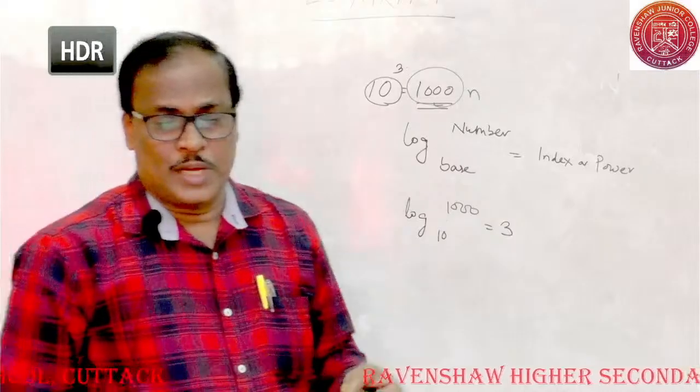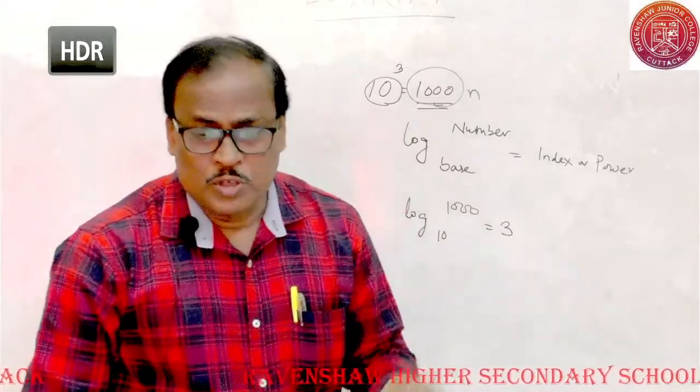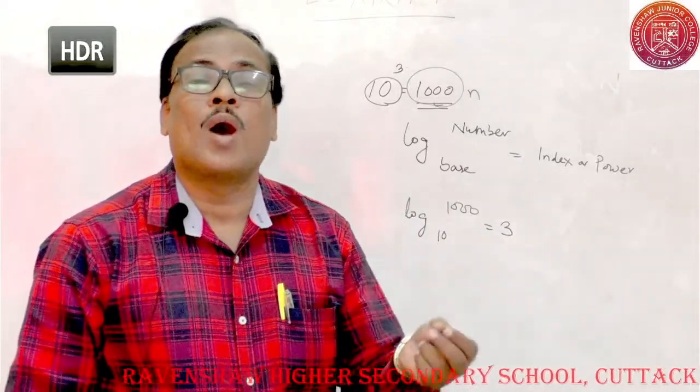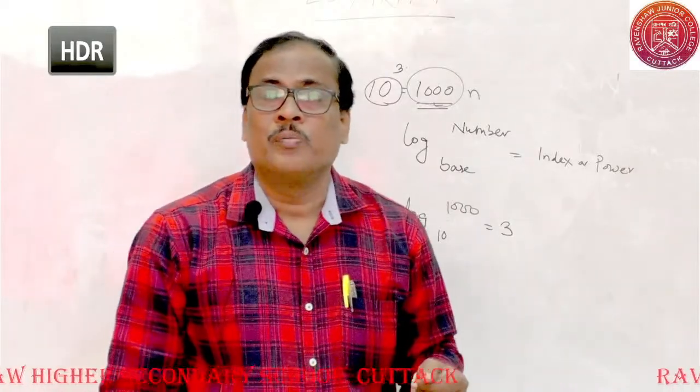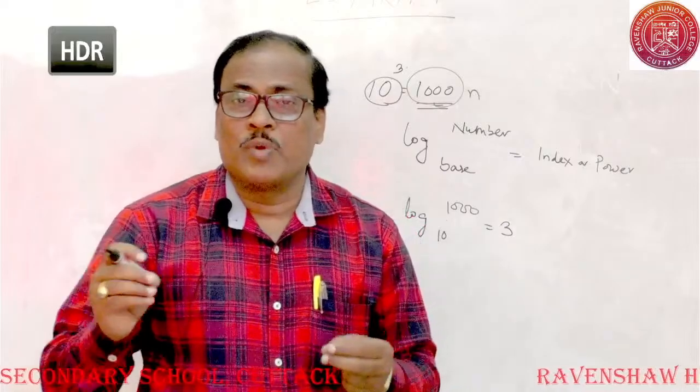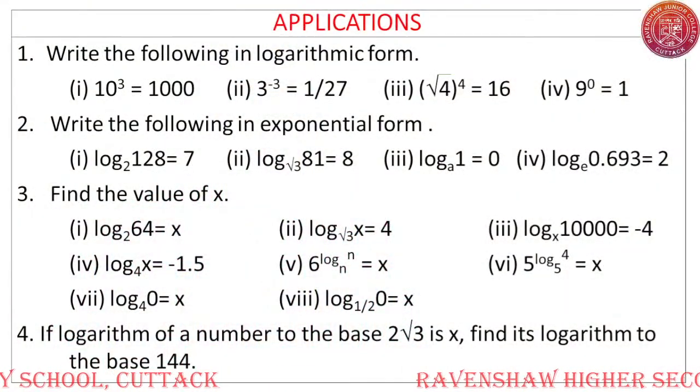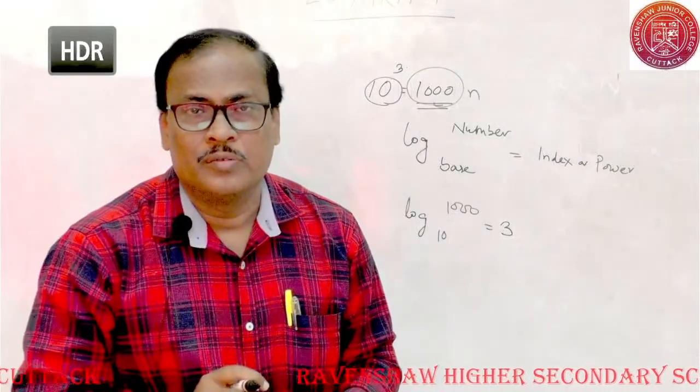Next one, you have to write 3 to the power minus 3 is equal to 1 by 27 in logarithm format: log 1 by 27 to the base 3 is equal to minus 3.